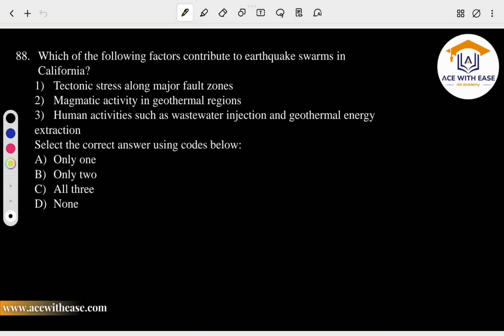Tectonic stress along the major fault zones: yes, we have a transform boundary near the California region. Magmatic activity in the geothermal region, and human activities such as wastewater injection and geothermal energy extraction. All three statements are factors contributing to the earthquake swarms in California.